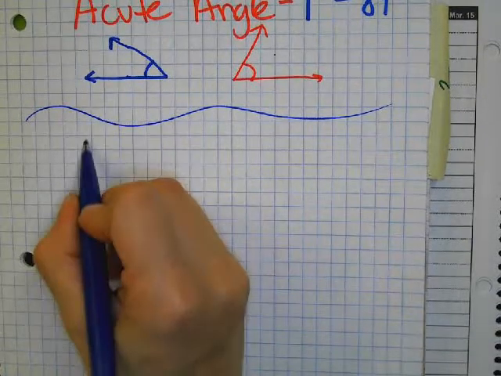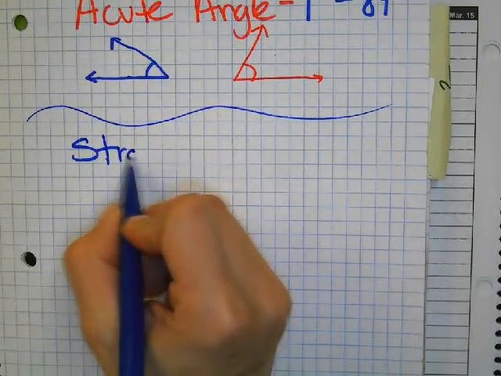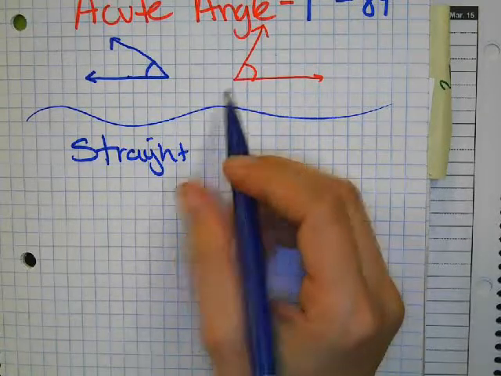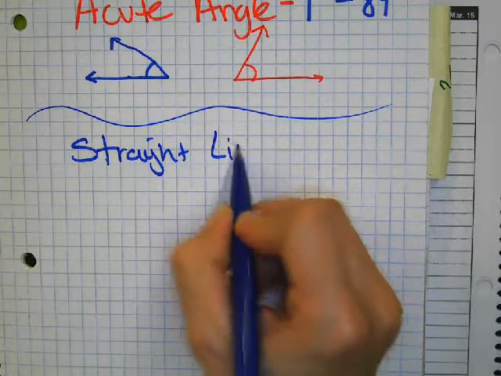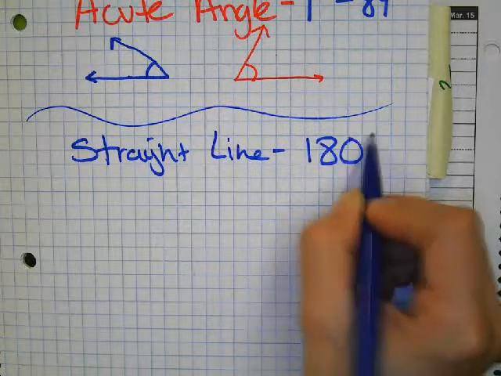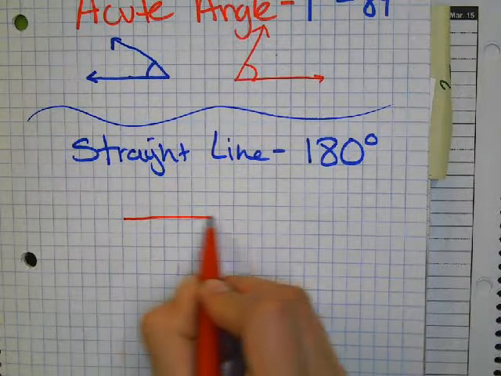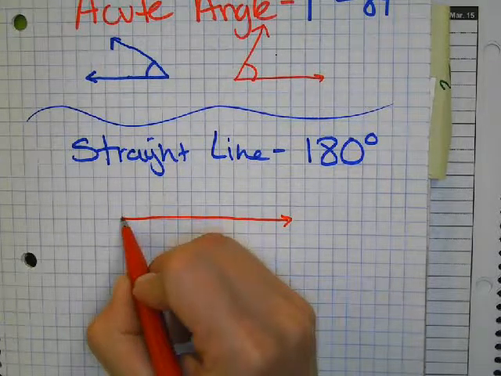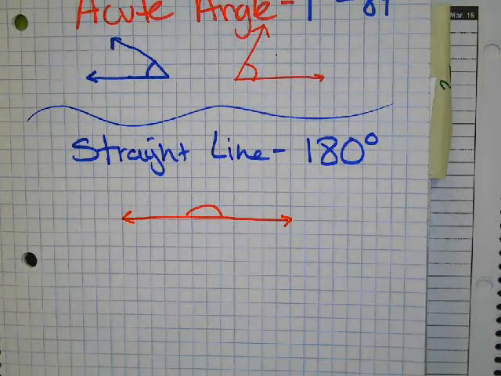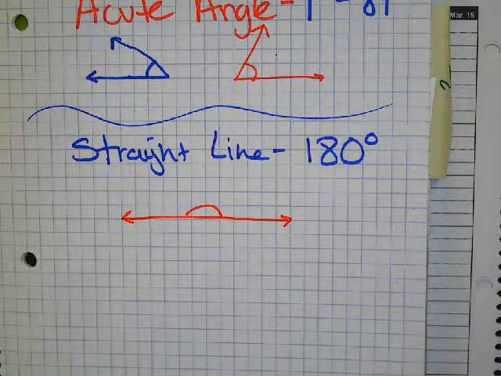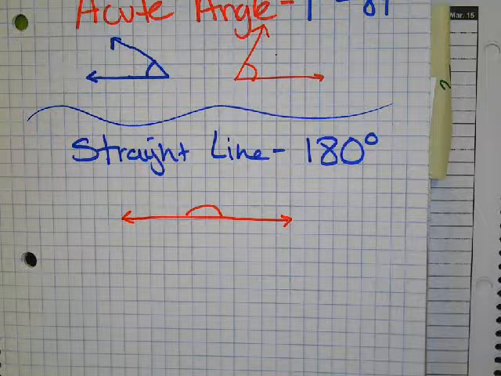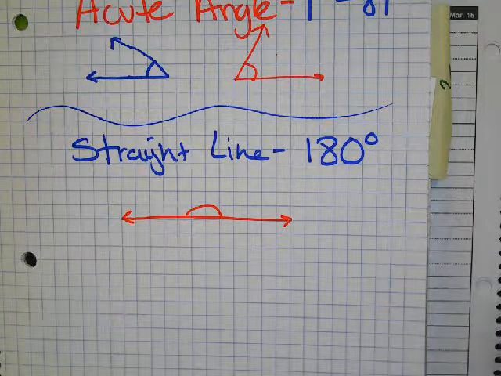One last one that I want to go over with you. Straight line. Yep. 180 degrees. What does 360 look like? A circle.